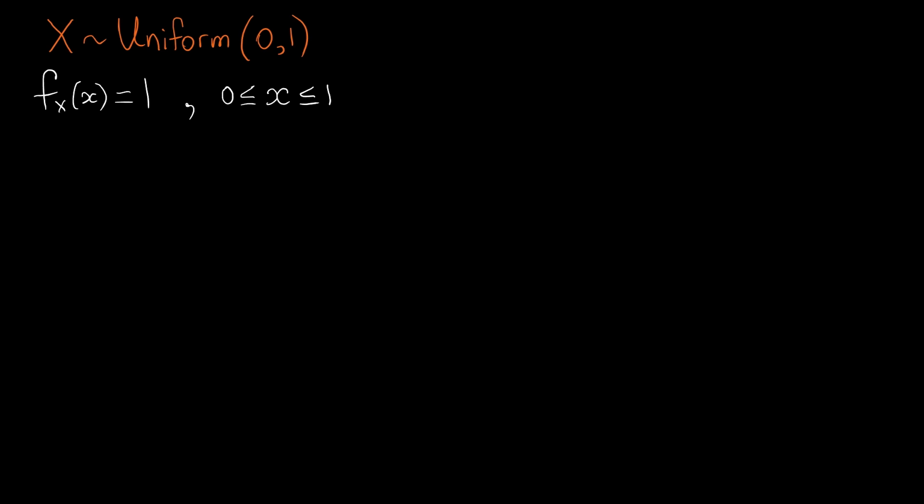And to verify that we got the PDF correct, we can try integrating it on the support, and we know that we should be getting 1. So what is the support? It's the interval from 0 to 1. If we integrate the PDF of x on this support, we should be getting 1.